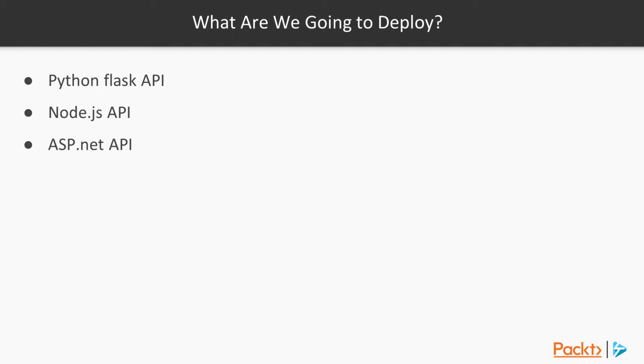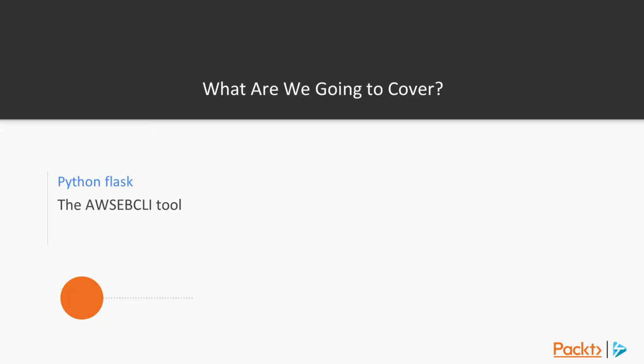So you might be asking, why did I choose those particular applications to be deployed on Elastic Beanstalk? Well, because they represent different deployment methods. For example, Python Flask is going to use a tool called AWS EB CLI. It's a command line tool that can interact directly with Elastic Beanstalk and provide many useful features and tasks.